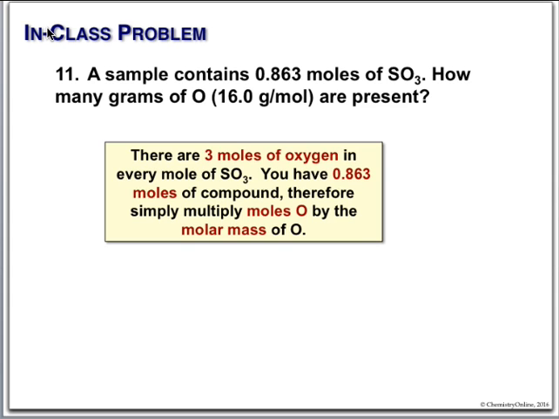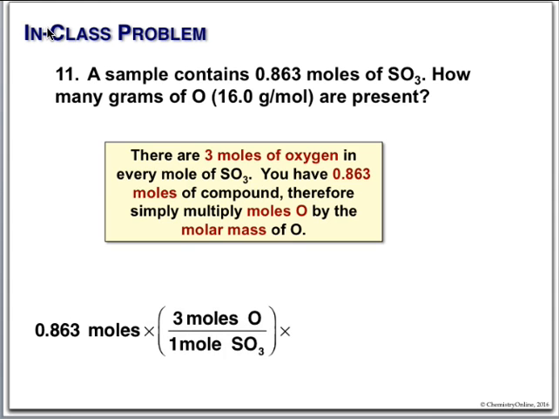So here's our logic. We have 0.863 moles, right? In every SO3, there are 3 moles of oxygen. So we're going to multiply it by 3. Our moles are going to cancel here, so we're just dealing with moles of oxygen. And we know that every mole of oxygen weighs 16.